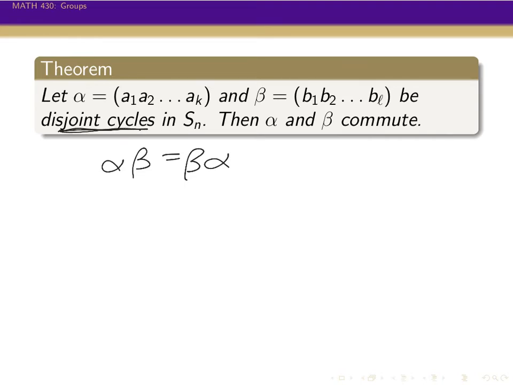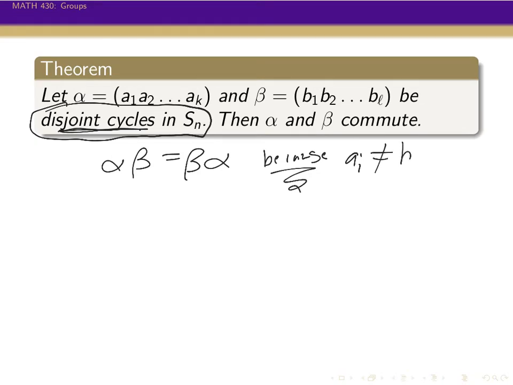If these were not disjoint cycles, then in general this would not be true. So let's be absolutely clear: the statement requires that none of the a_i are equal to any of the b_j. This is because a_i is not equal to b_j for any i and j.